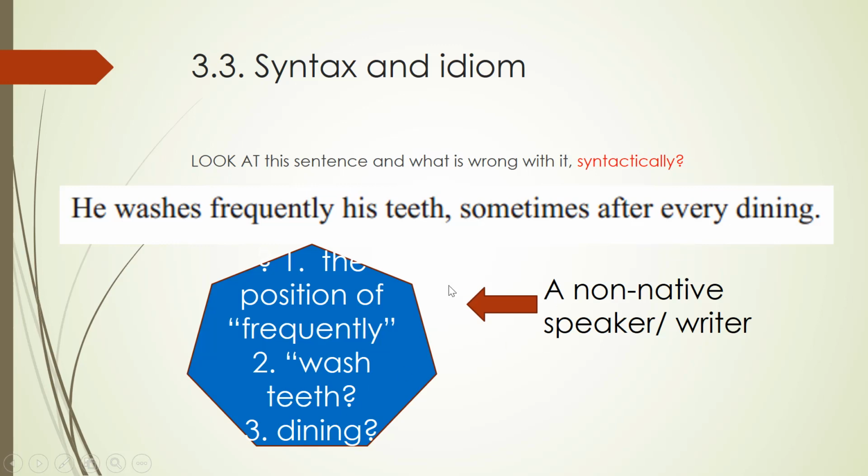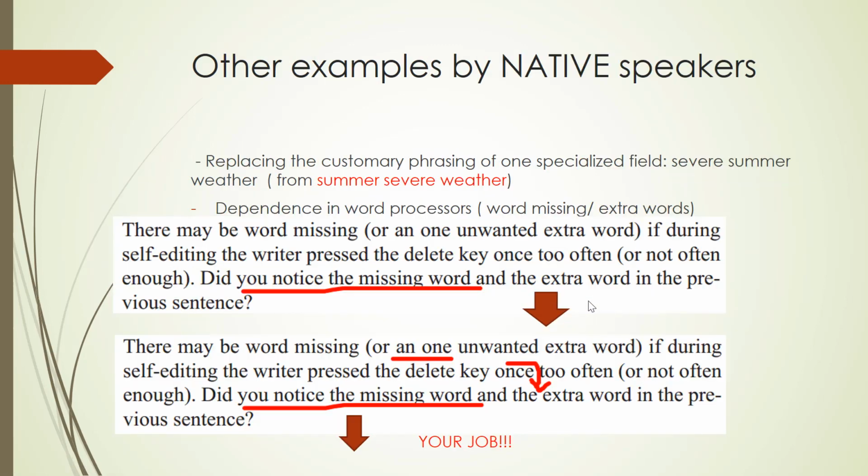So these are the mistakes that are committed by a non-native speaker or a writer, and even native speakers can make mistakes. For example, sometimes because they are not experts in one specialized field, they can make the order of the words wrong.